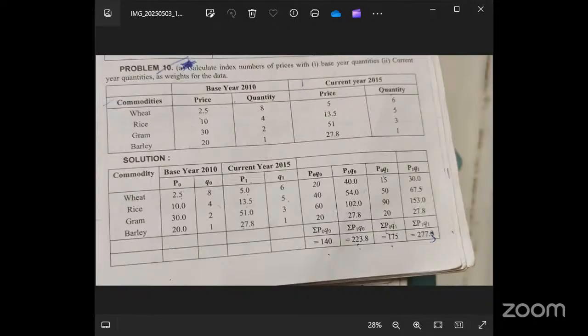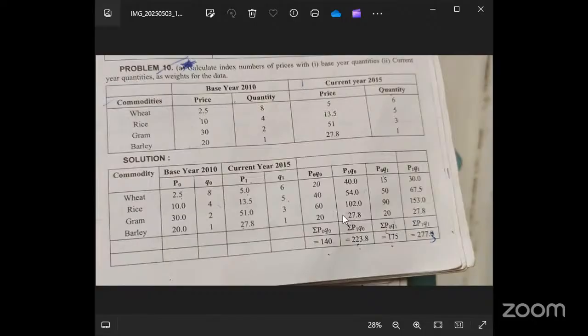Summations means totaling. So if you see, here we have seen the totals of P0Q0, P1Q0, P0Q1, and P1Q1.